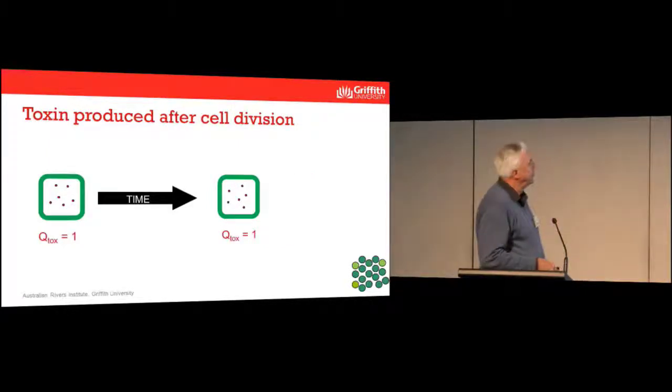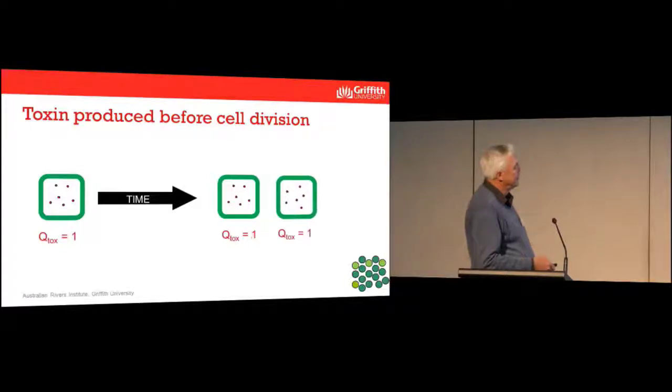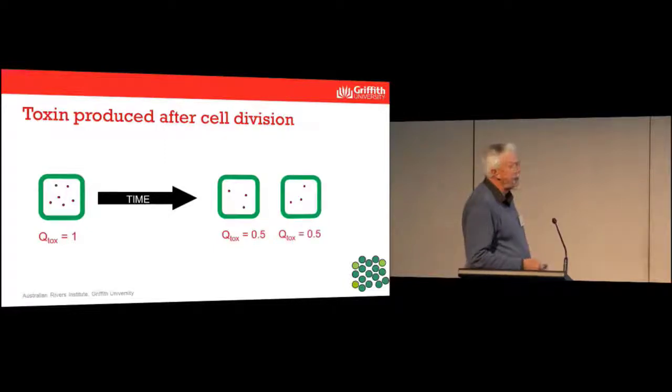The other alternative is it could be produced after cell division, in which case Q tox in the daughter cells will be half the original toxin cell quota in the parent cell.